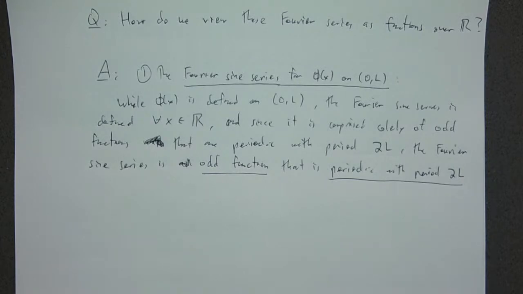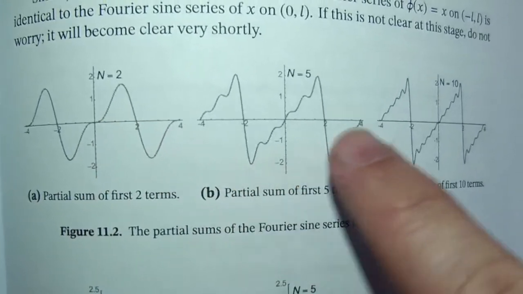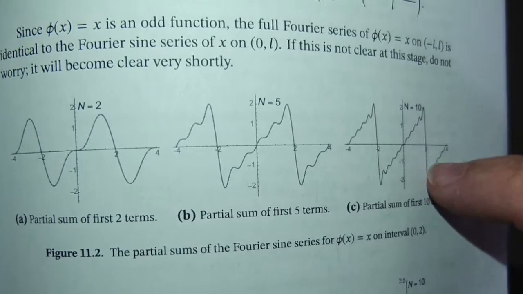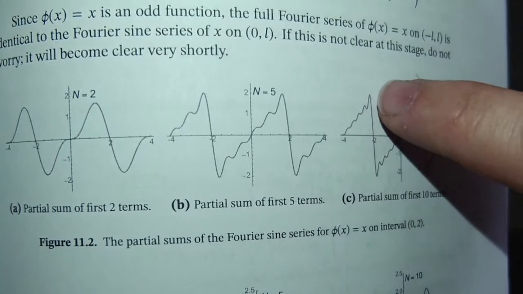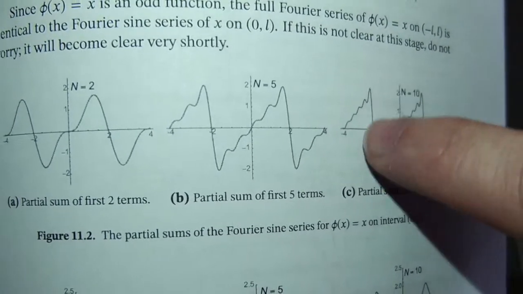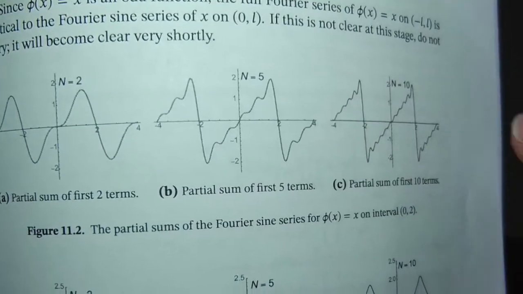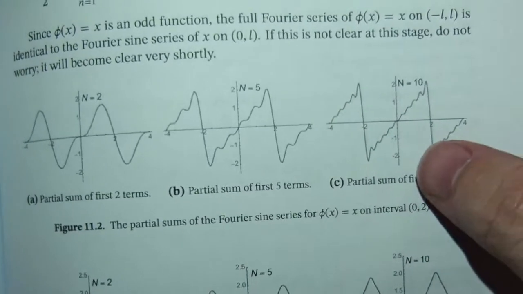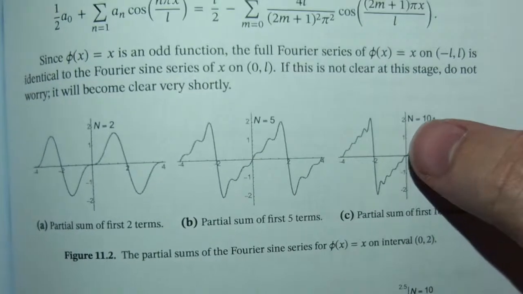Let me bring up the picture again. This is kind of a classic example of the sort of thing I'm talking about here. So you notice that what's building up here looks to be like a jump discontinuity. It's not. This is still a function. This is still all continuous. And for any partial sum, this is going to look like this. So it doesn't matter how big n is.